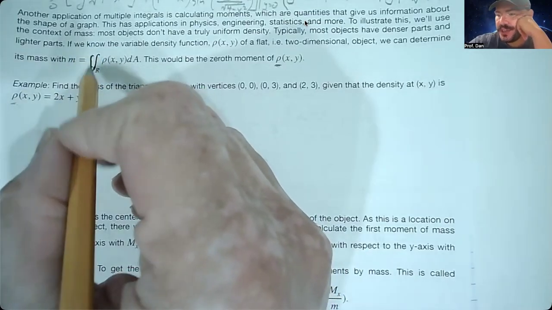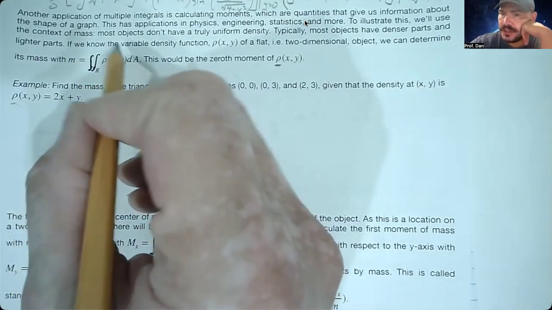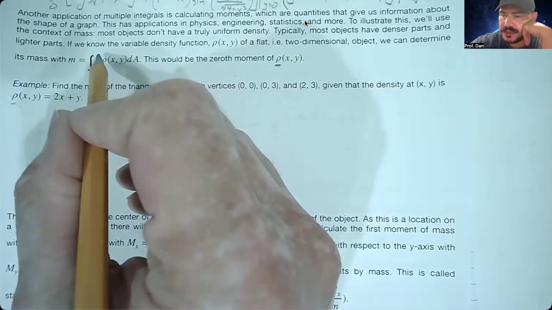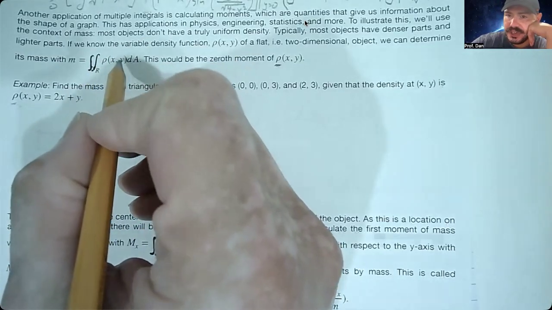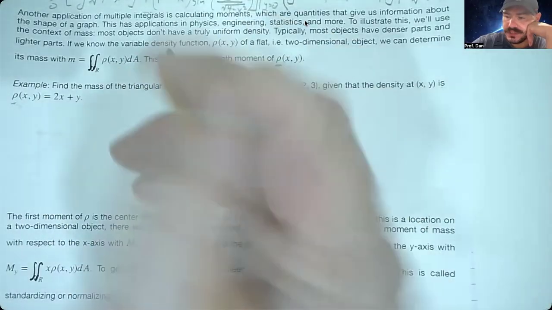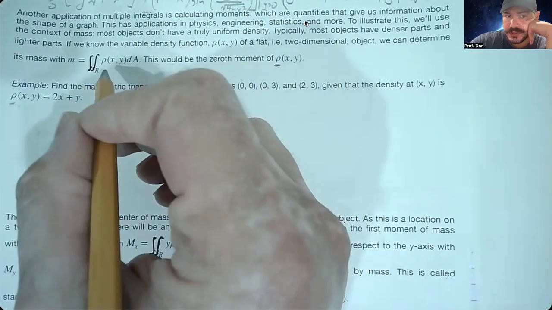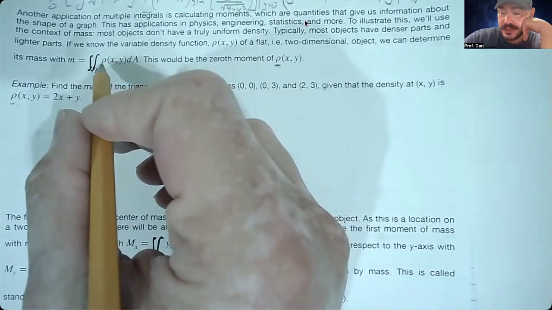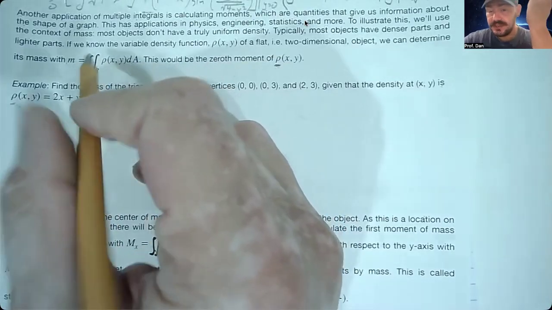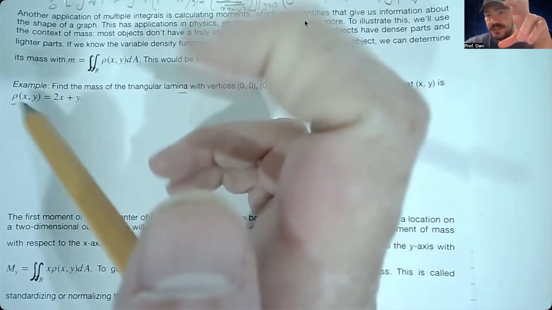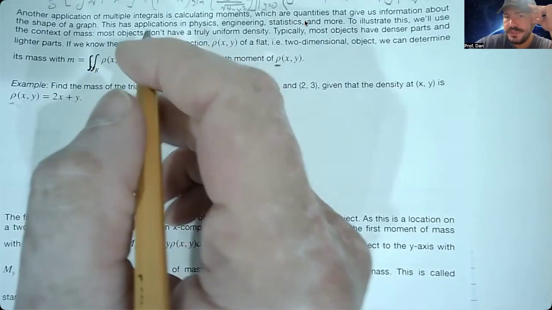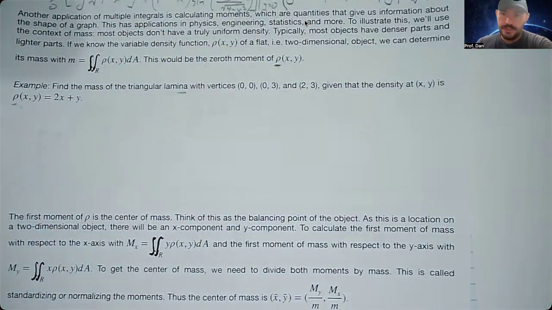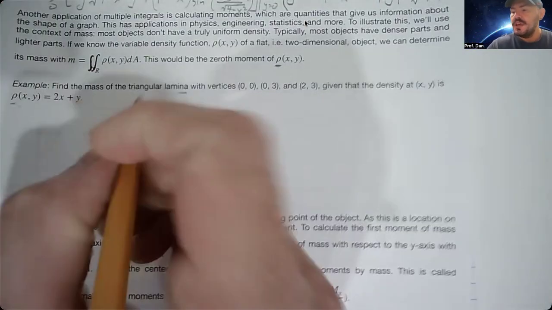So the idea is that we're integrating our density function multiplied by something, in any case, your independent variables. Since we're not multiplying by an x or a y, you can think of it as multiplying by x to the zero, and so then it makes sense why it would be the zeroth moment, right?